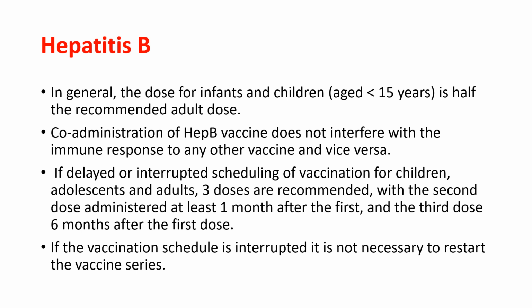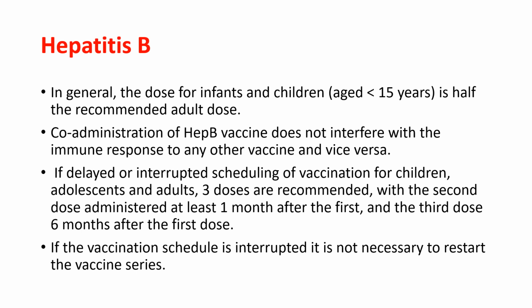In general, in hepatitis B vaccine, the dose for infants and children less than 15 years is half the recommended adult dose. Co-administration of hepatitis B vaccine does not interfere with the immune response to any other vaccine and vice versa. If scheduling of vaccination is delayed or interrupted for children, adolescents and adults, 3 doses are recommended, with the second dose administered at least 1 month after the first, and the third dose 6 months after the first dose.